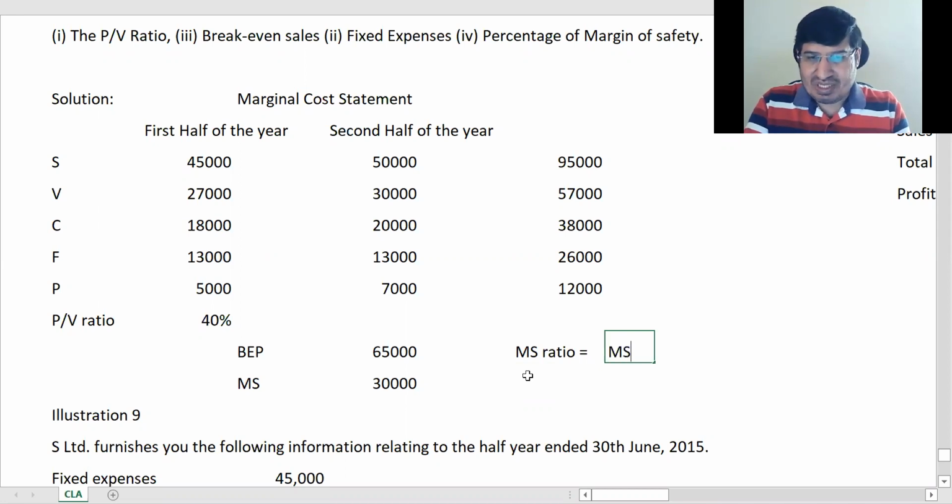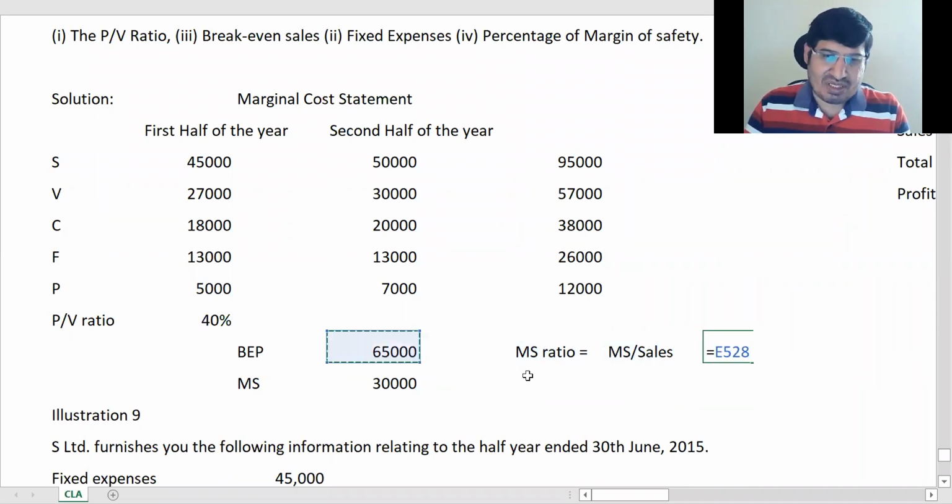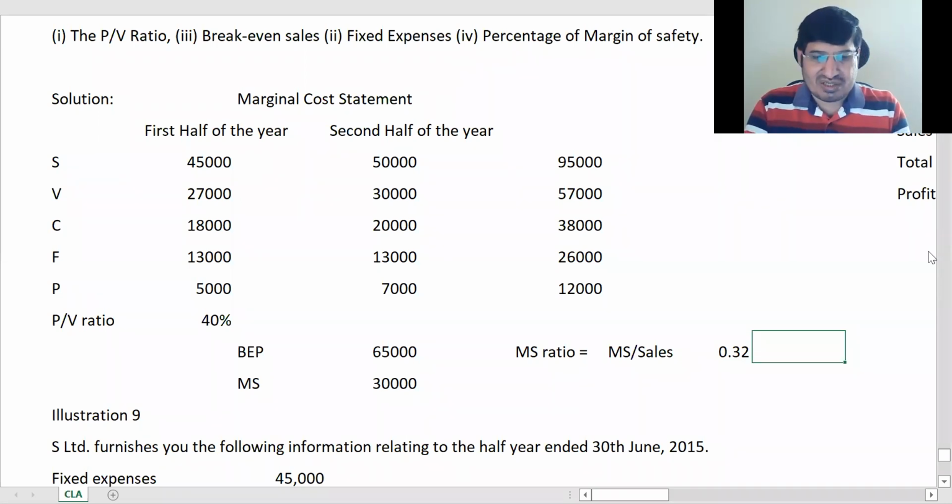Okay, MS upon sales is your MS ratio. That is 0.32. They have asked in percentage, so just write 32%. Answer is 32%. Just multiply this by 100, you'll get it in percent.